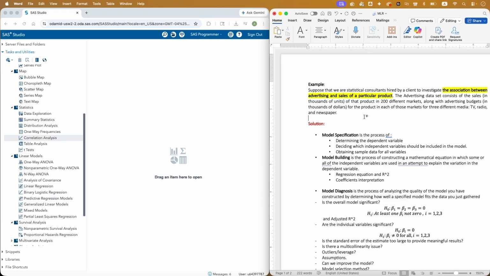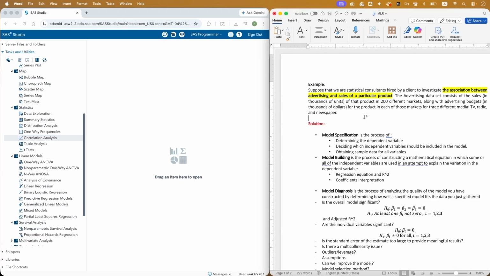So they want to study the relationship between these predictors and the response variable. We have three predictors because they're putting money on TV advertising, radio advertising, and newspaper advertising, and they would like to predict the sales.